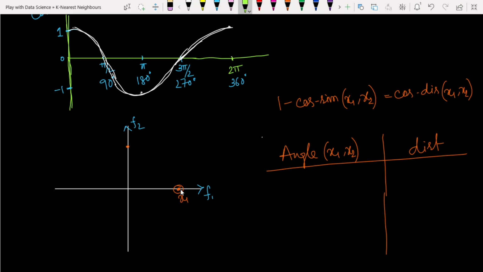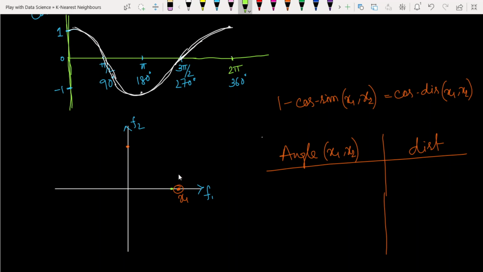I am using green color to be more precise. Suppose our x1 is here, and if our x2 is in the same direction as x1, what will be the angle? What will be the cosine similarity? Both are the same direction, so they are the same, similar.